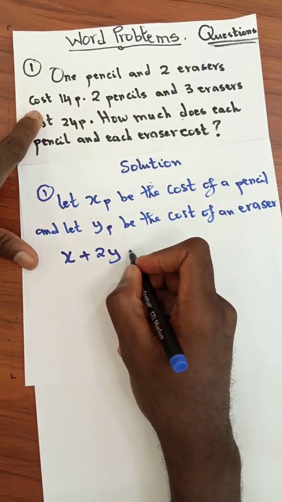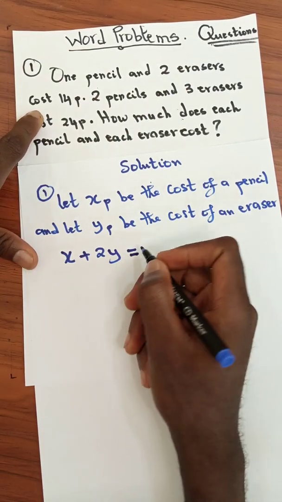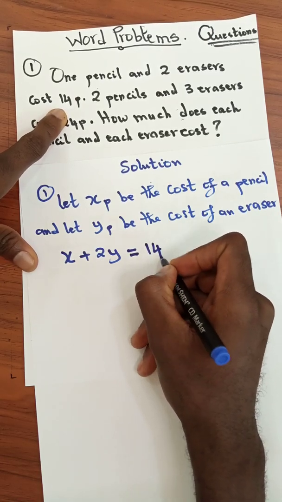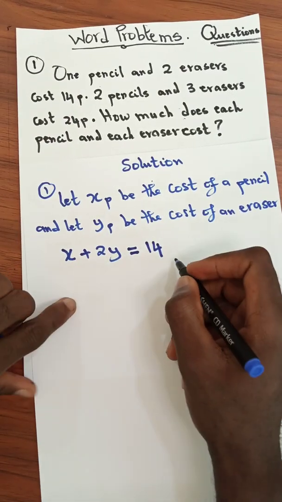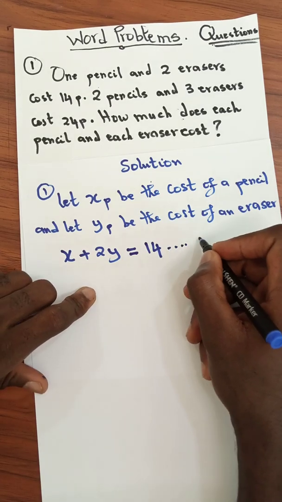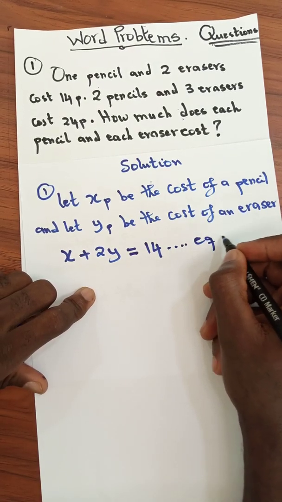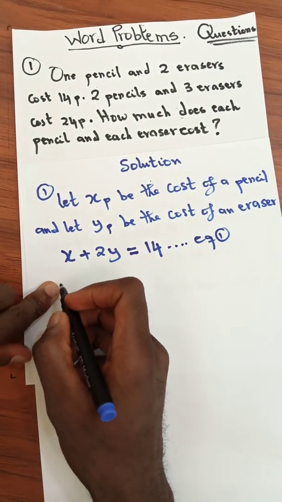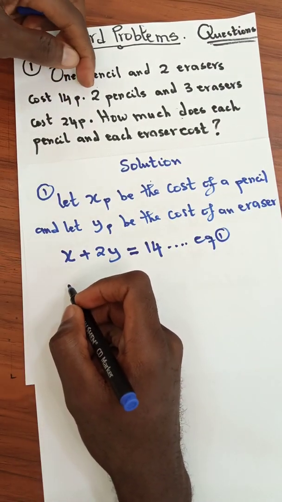The cost here is equal to 14 pesos, and so we assign this to be our equation 1.